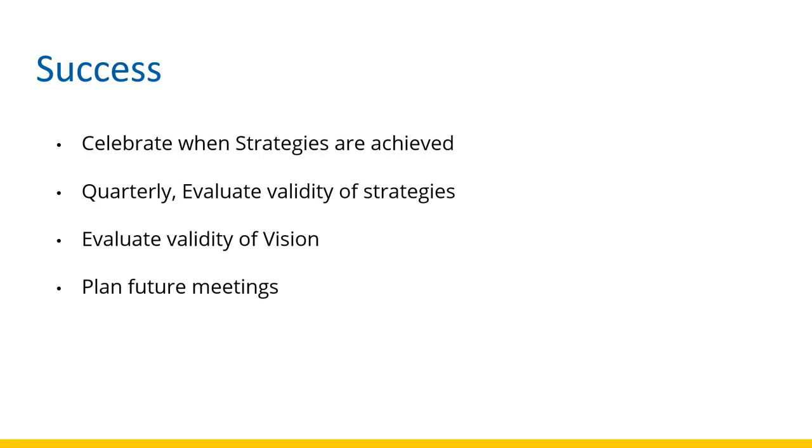And then your vision. Does your vision make sense? Or maybe you need to have a bigger vision. So these are things that can come out of your strategic planning meeting, and then plan your future meetings. So make sure that that's on the agenda for next year, because what you want to do is start planning. So our strategic planning meetings were August, September.